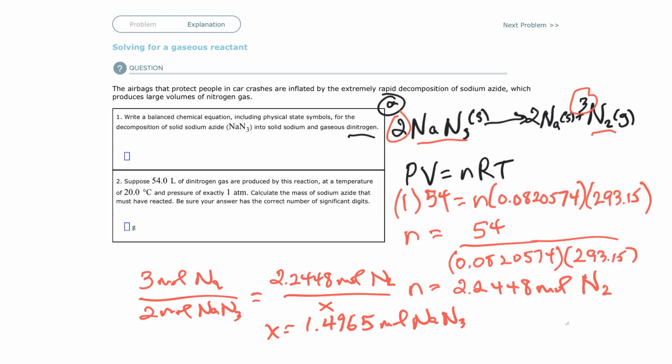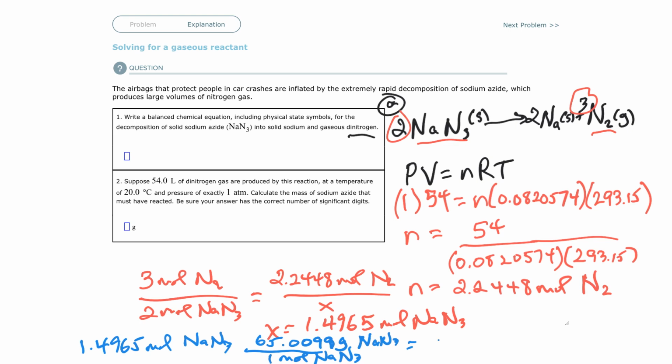So I'm going to have to multiply that by the 1.4965 moles of NaN3, and in 1 mole of NaN3 there are 65.0099 grams of NaN3. That will give me 97.3 grams NaN3.